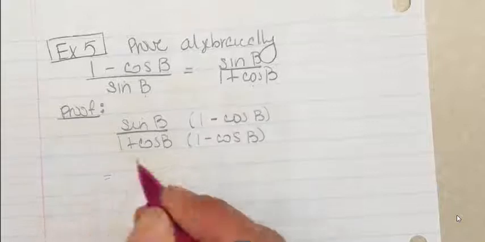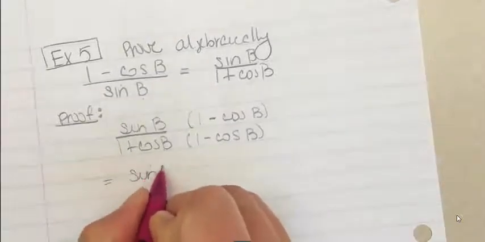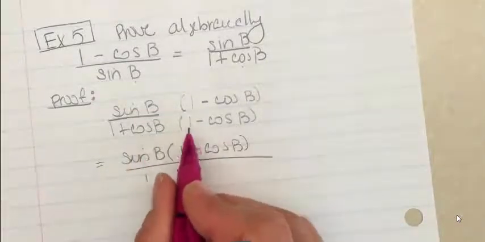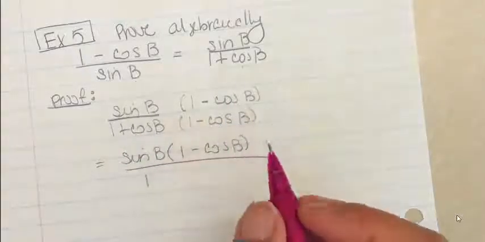So I'm going to end up with sine b times the quantity 1 minus cosine b over 1 squared, which is 1, and then the inners and outers reduce out. That's the whole reason that we do this, right? We multiply a sum and difference pattern here. And then that is subtract cosine squared b.